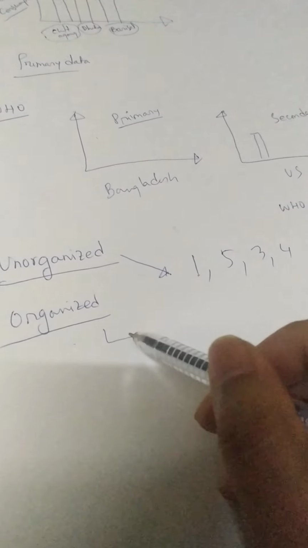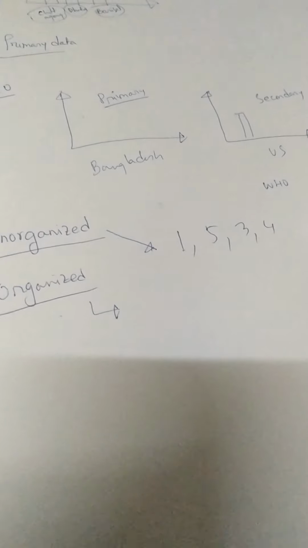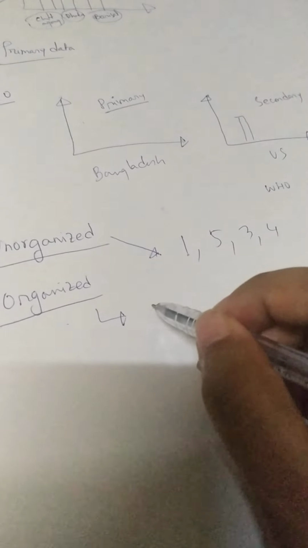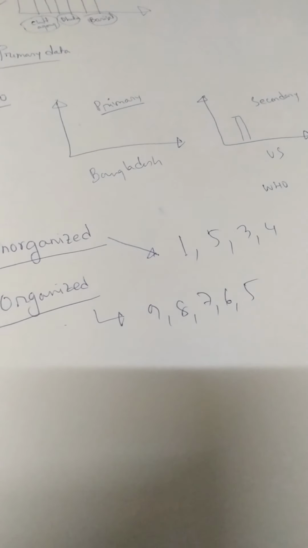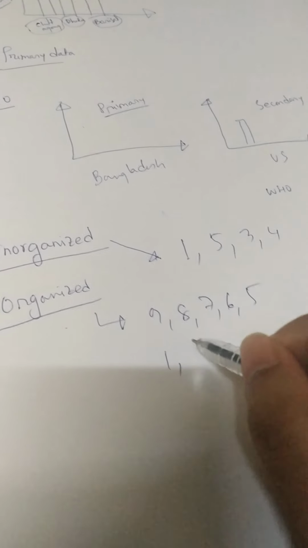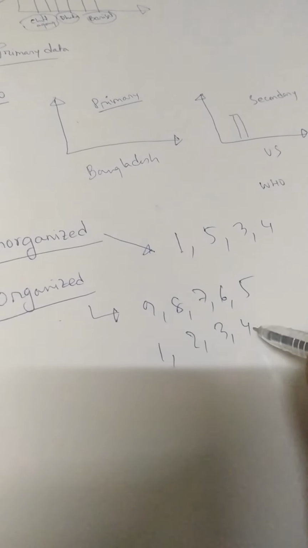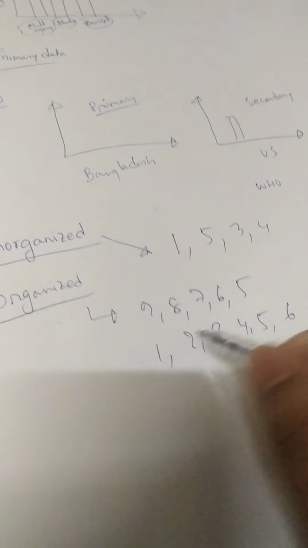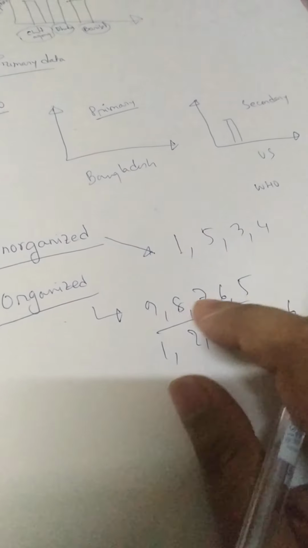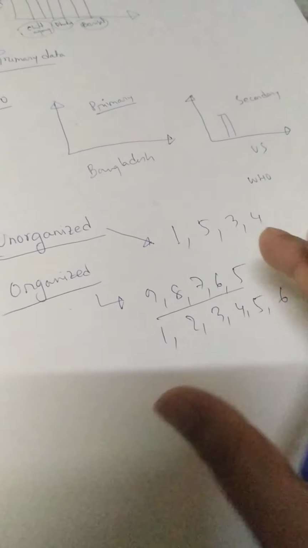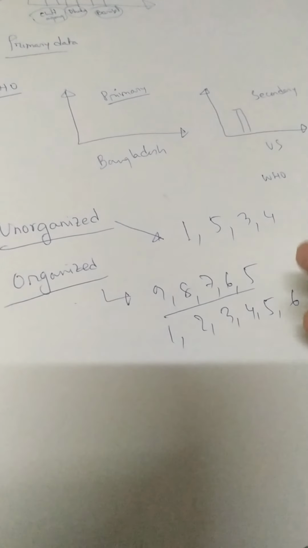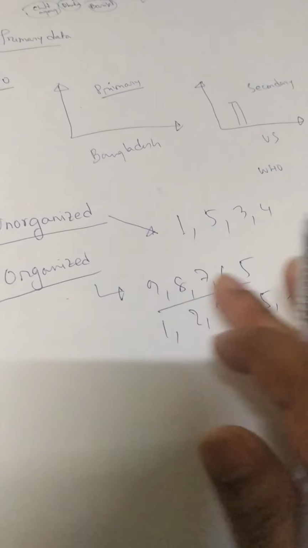If a data is either in descending order, let's say 9, 8, 7, 6, 5, or in ascending order, say 1, 2, 3, 4, 5, 6, then it is proper.